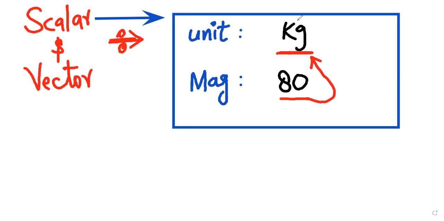Suppose if I ask someone what is your height, and someone says I am 5.8. So 5.8 has no meaning. What is 5.8? Is it kg, meters, kilometers, miles, pounds, liters?